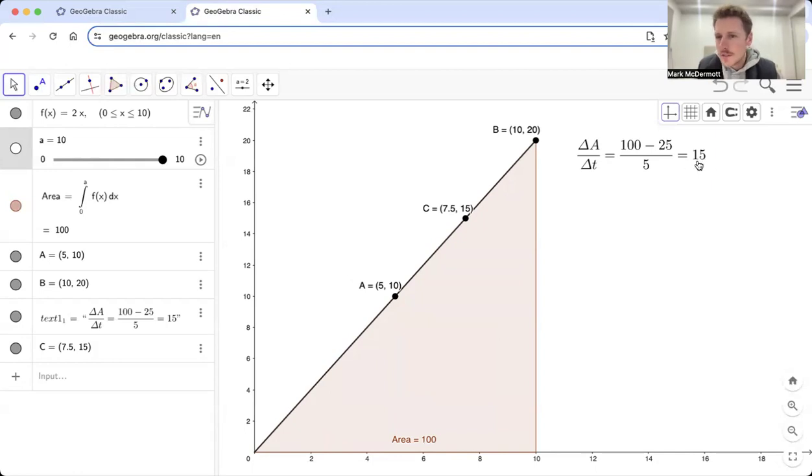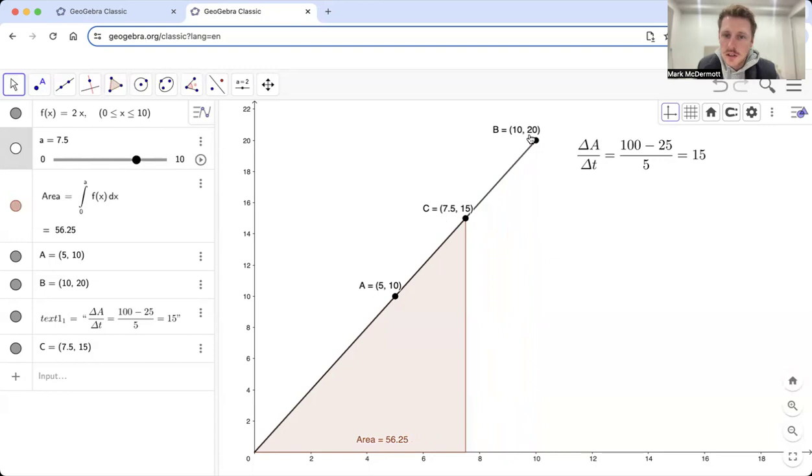Now you're probably wondering, what does that 15 have to do with things? Well, since we took an average rate of change between 5 and 10 seconds, the middle point there would be 7.5 seconds. And lo and behold, the value of the function, 2x at 7.5, is 15. So again, the rate of change of area at any single point is equal to the value of the function at that point.